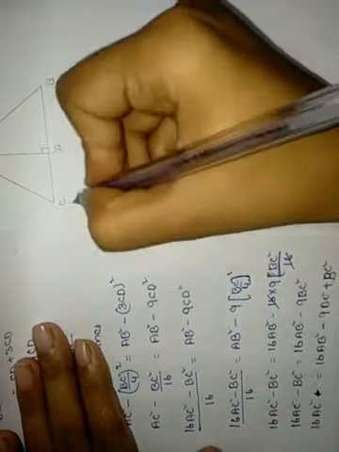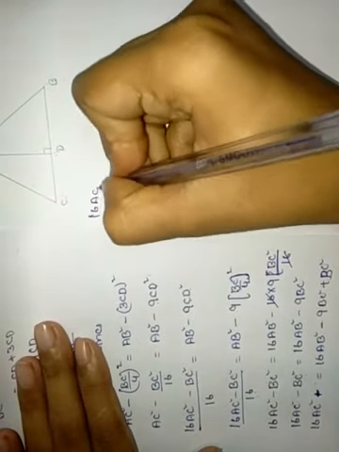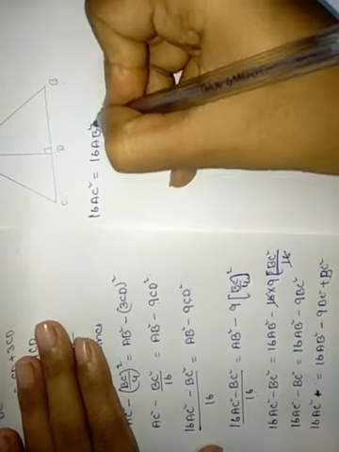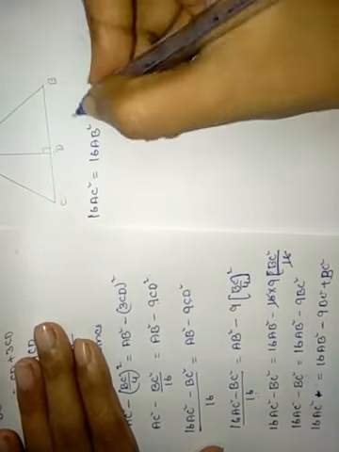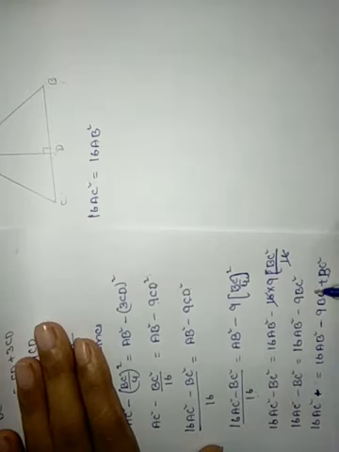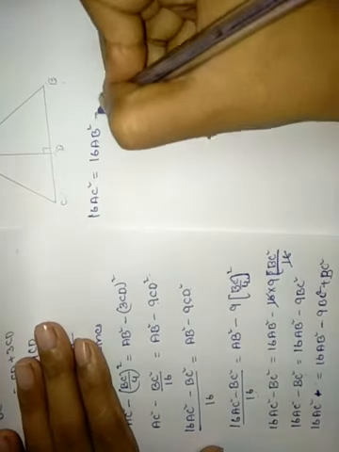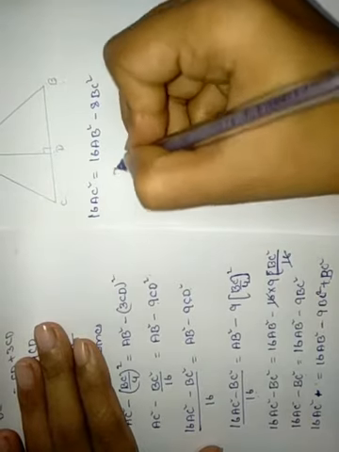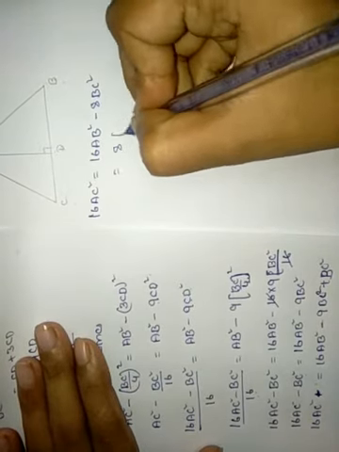Now from this we'll rewrite it here. 16 AC square is equal to 16 AB square. And here this is an unlike sign, so we'll subtract it. We'll get 8 times BC square, isn't it? Now we'll take the common factor, that is 8.